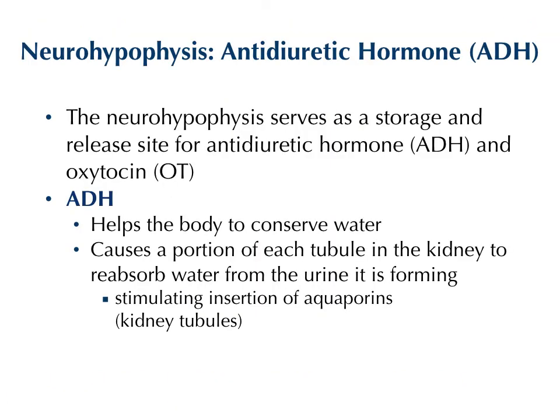Okay, so the hormones ADH and oxytocin, which are produced in the hypothalamus, will then travel down the axons to the neurohypophysis, which will serve as a storage and release site for the hormones. So vasopressin, or antidiuretic hormone, or arginine vasopressin, known by many names, you know it very well.